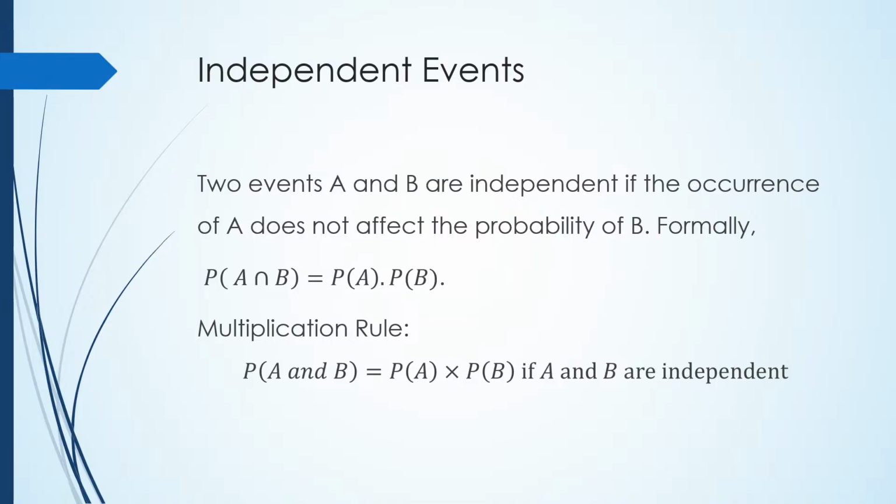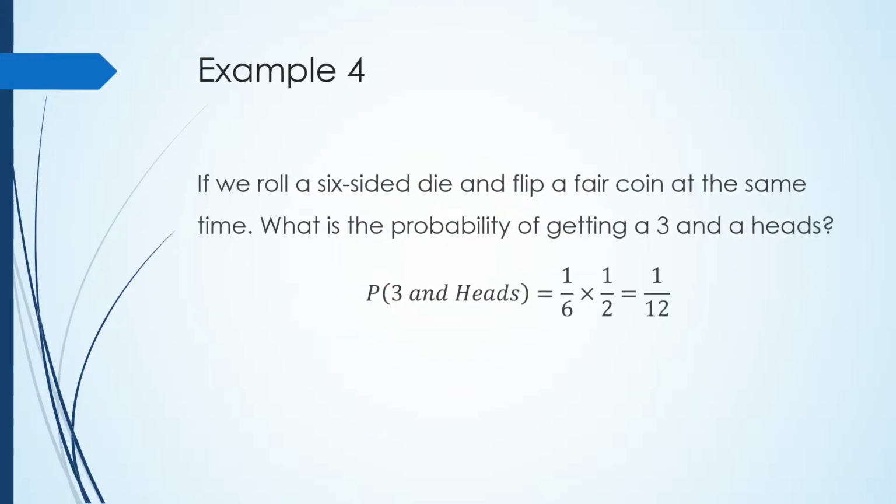So when events are truly independent, we multiply their probabilities to find the probability of both happening together. So for the probability of event A and event B happening at the same time, we take the probability of A and the probability of B and multiply them by each other. This is the multiplication rule for when event A and event B are independent of each other.